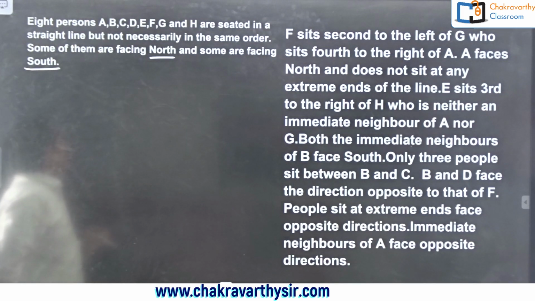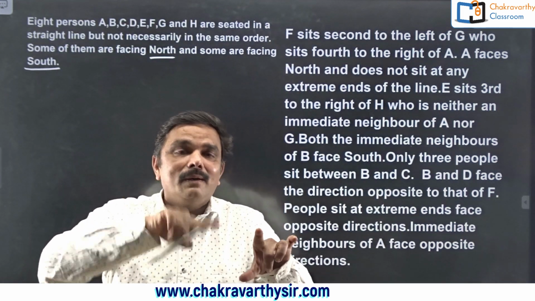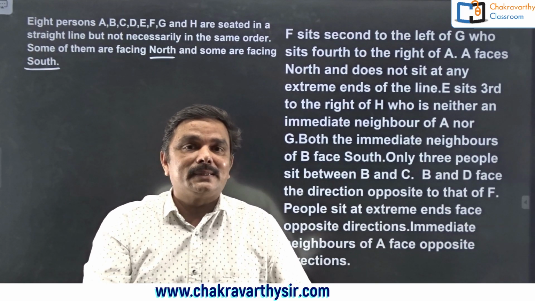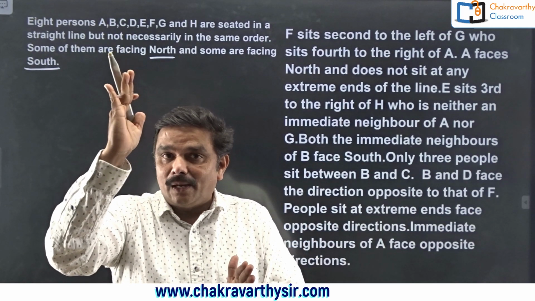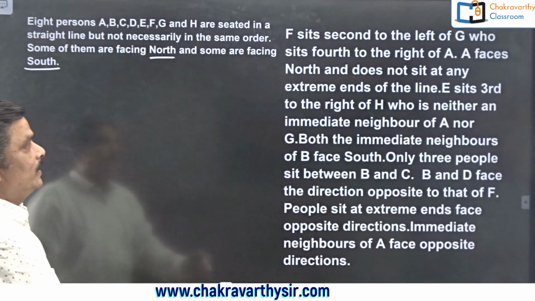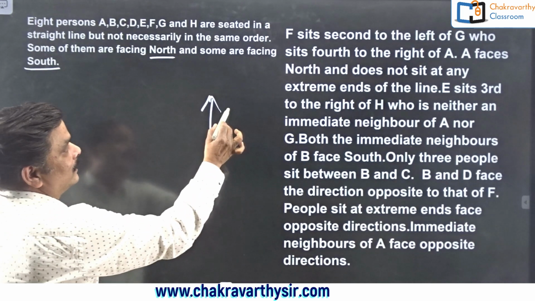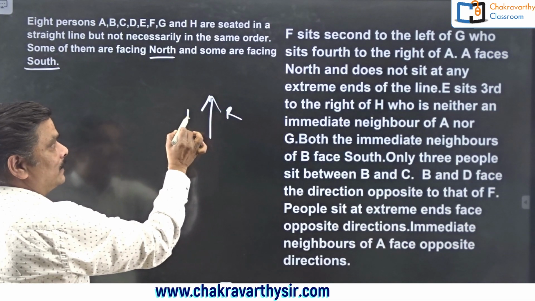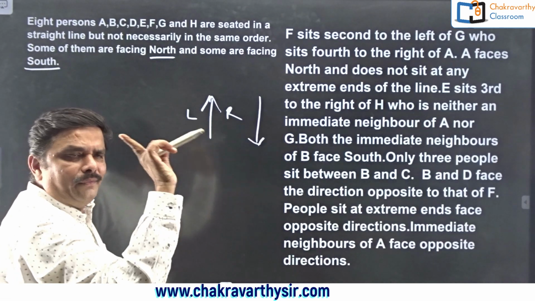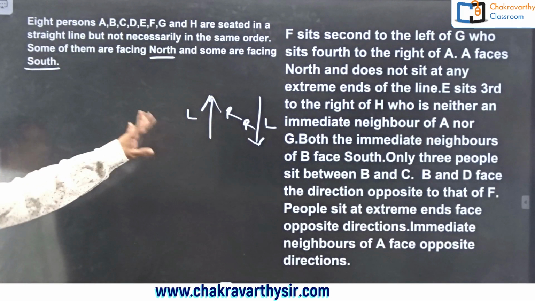Here, I need to find out the places as well as the direction they are facing, because out of 8 persons, I don't know how many are facing north and how many are facing south. Remember that. Always remember, students, a person who is facing north has this as the right side and this as the left. A person who is facing south has this as the left side and this as the right side.